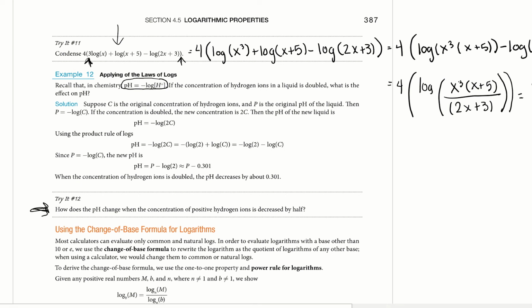It wants to know how does the pH change when the concentration of positive hydrogen ions is decreased by half. So we're going to set up our pH equals negative log. Our new concentration, we will call that, here they use C, we'll go ahead and stay with C. If it is cut in half, decreased by half.